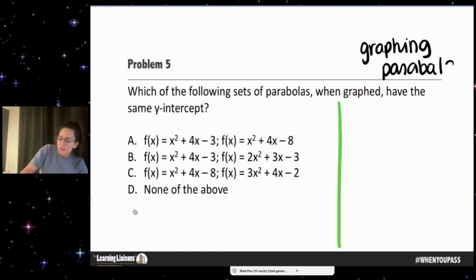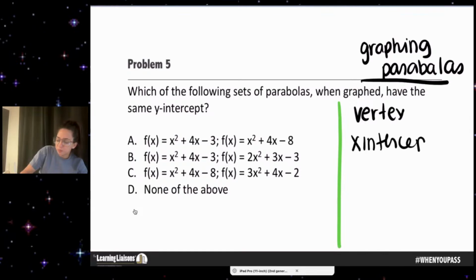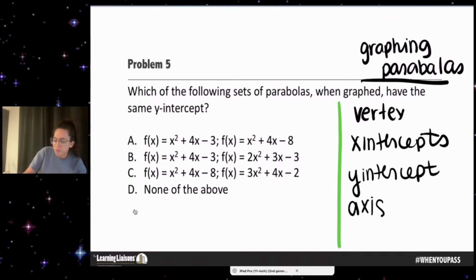We can graph the vertex. We can graph the x-intercepts. We can graph the y-intercept. We can graph the axis of symmetry. And there are other things that we could graph, but these are the most basic things that we can graph to give us a quick picture.